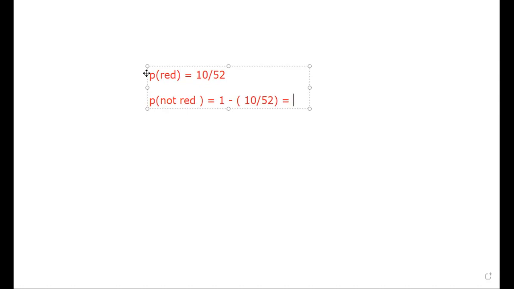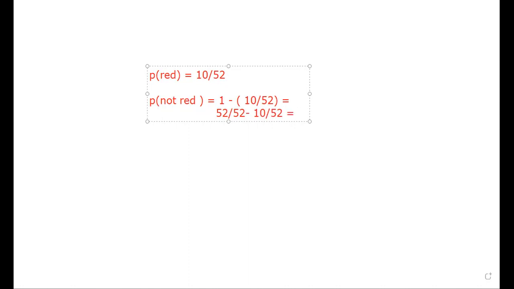No, not 40, because we said we will change this 1 into how many? 52 out of 52. So it will be 52 out of 52 minus 10 out of 52. It will not equal 40. Oh, 42, sorry.